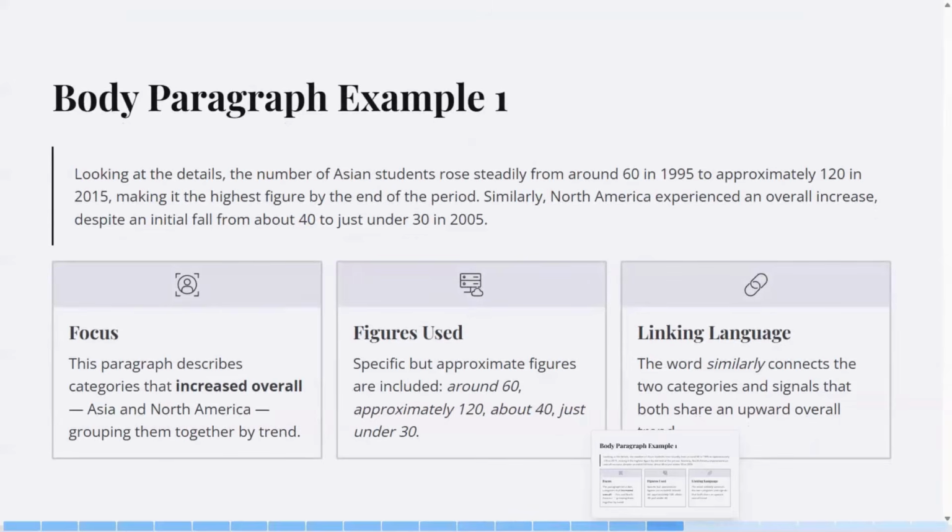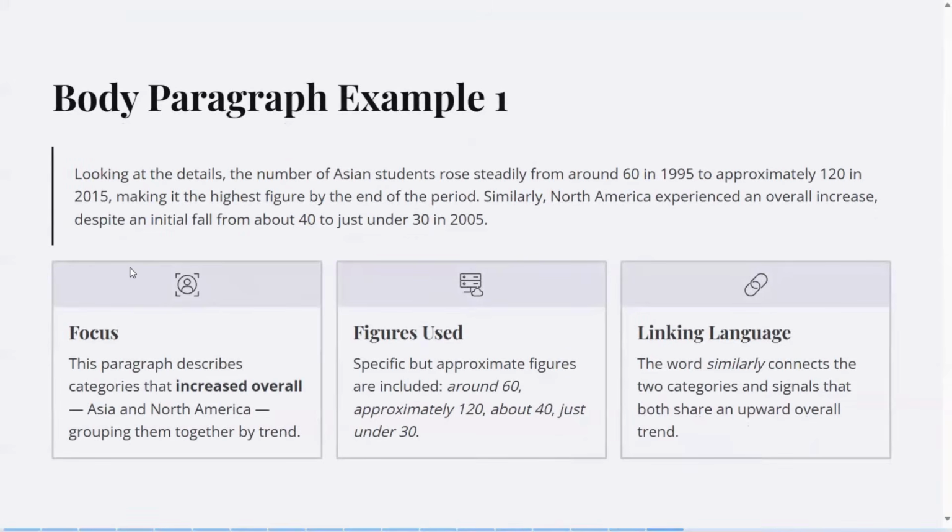Body paragraph example 1. This paragraph talks about the categories that increased. As you can see, looking at the details, the number of Asian students rose steadily from around 60 in 1995 to approximately 120 in 2015. Asia rose at a steady rate. North America fell first, but afterwards it recovered.